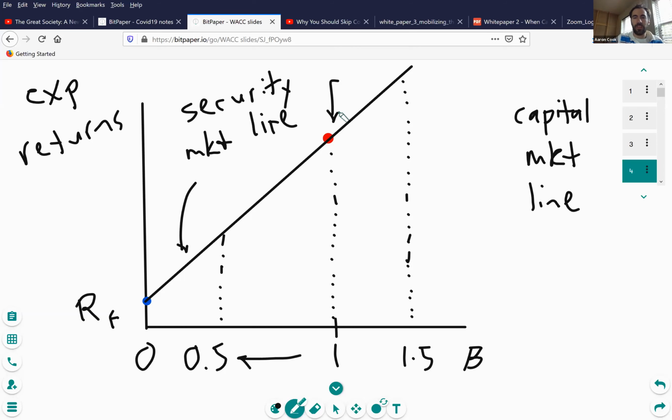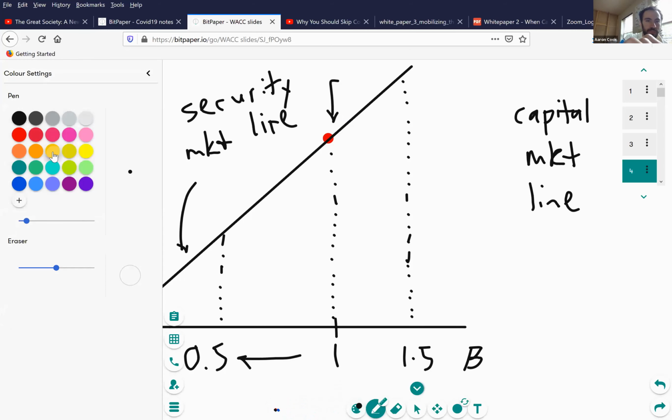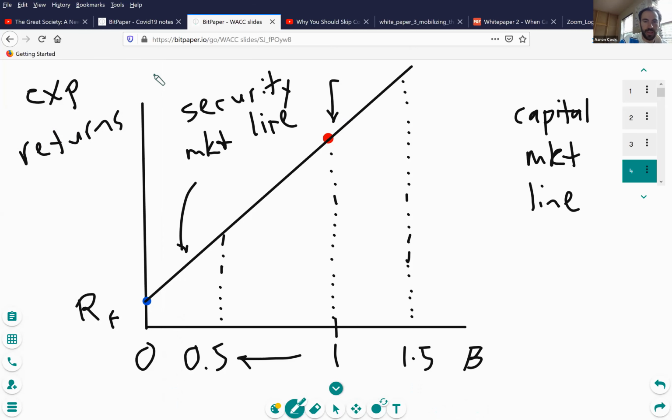So in fact, if you're combining the market portfolio with say the risk-free rate, you're investing some of your money in the risk-free rate, some of it in the risky portfolio, then you'd be achieving any point along that yellow portion. But you could actually increase your returns.